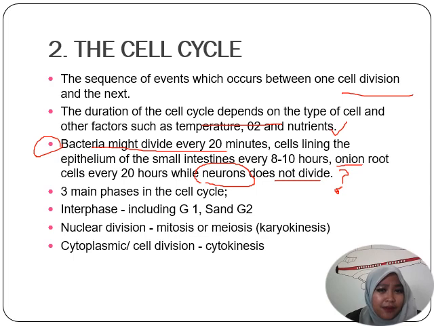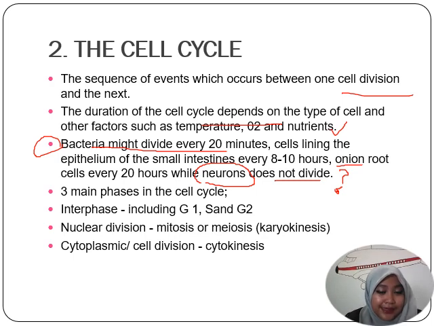So the cell cycle differs from cell to cell, and most importantly, it relies on the program put in their chromosomes.